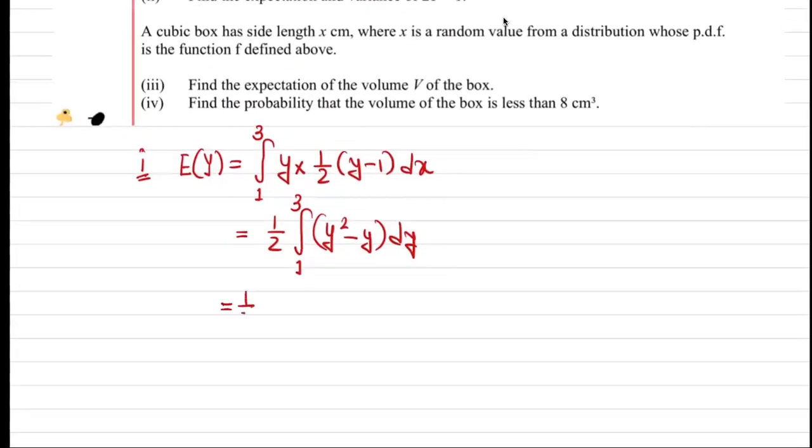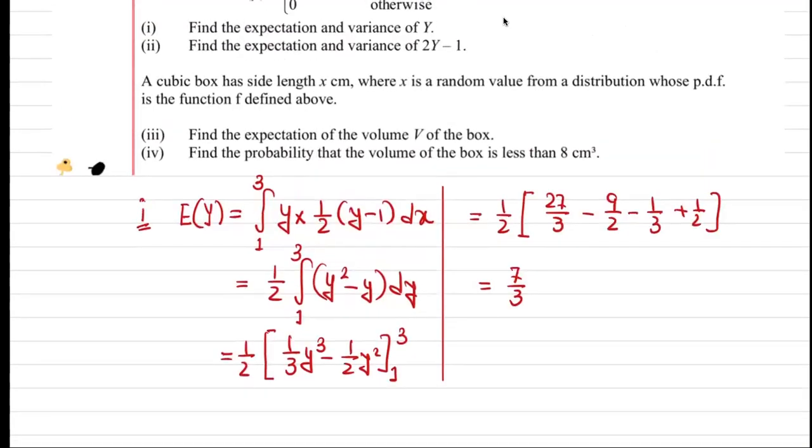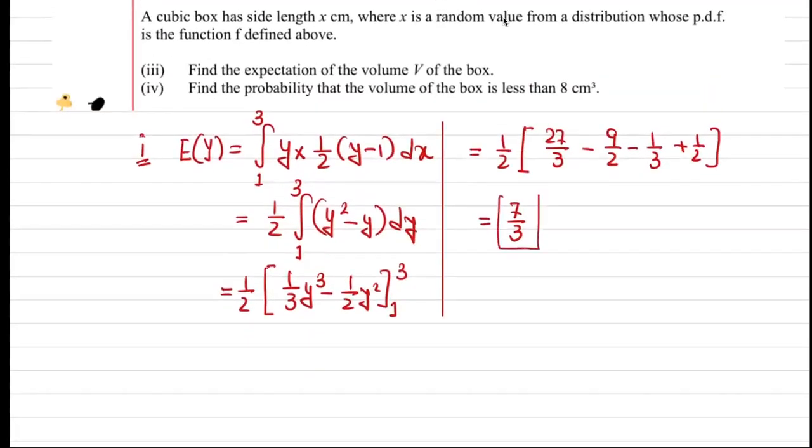Now if we integrate, 1/3 y cubed minus half y squared, from 1 to 3. So if I put the values here, 27 by 3 minus 9 by 2. And then if we put 1, we get minus 1 by 3 plus half. Now use your calculator, guys, and I think you will get this value. So this is the expectation for y here.